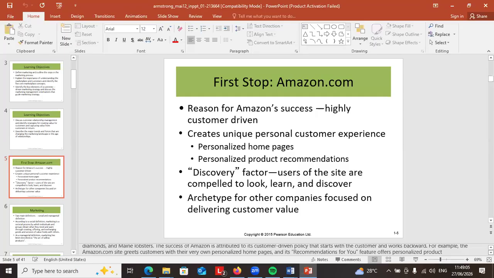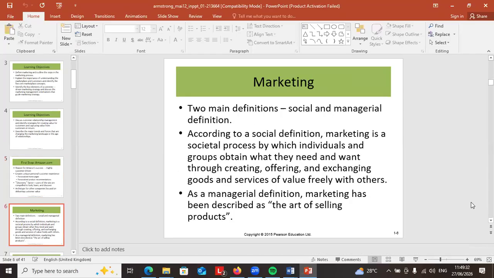As a result, Amazon has become an archetype or a model for other companies focused on delivering customer value. In fact, this is what today's topic is all about: how we can create value as marketers and capture this value in return in the form of profits, right?